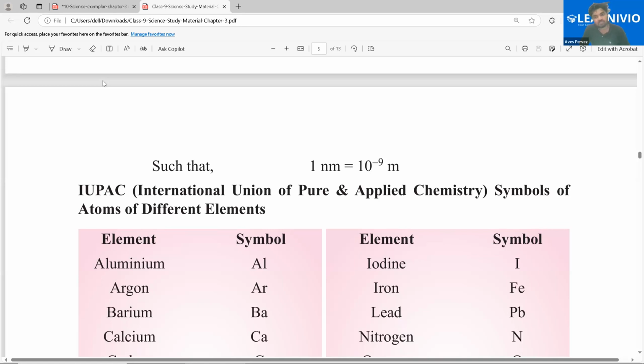No explanation for isobars. Dalton's theory could not explain the existence of isobars, which are atoms of different elements having the same atomic mass. For example, argon and calcium both have the same atomic mass of 40 but are distinct elements. Very good.